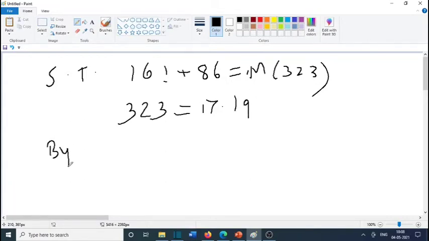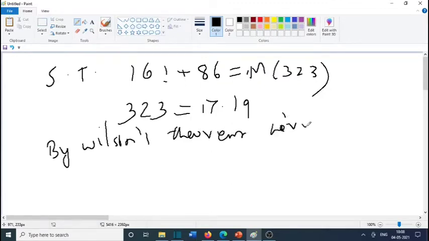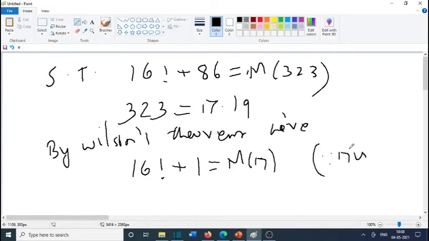By Wilson's theorem, since 17 and 19 are prime numbers, we have 16 factorial plus 1 is a multiple of 17, since 17 is a prime number. Therefore, now add 85 to both sides of the equation.